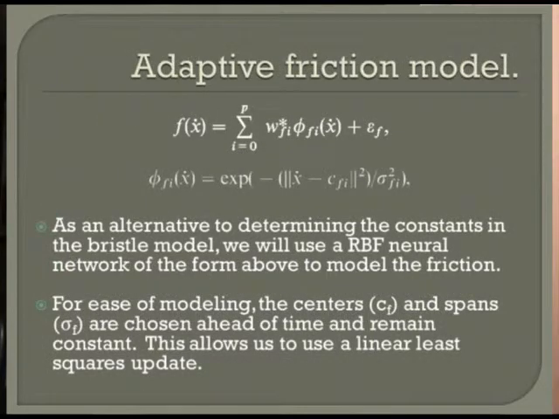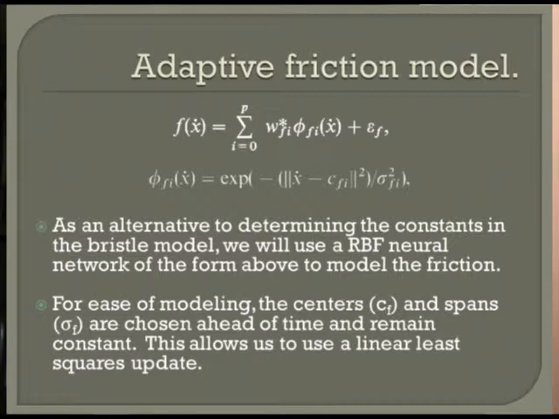So what the authors suggest is an adaptive friction model. The adaptive friction model using radial basis neural network will model the nonlinear function of the friction. And for ease of modeling, the centers and spans are chosen ahead of time, and they're considered constants.